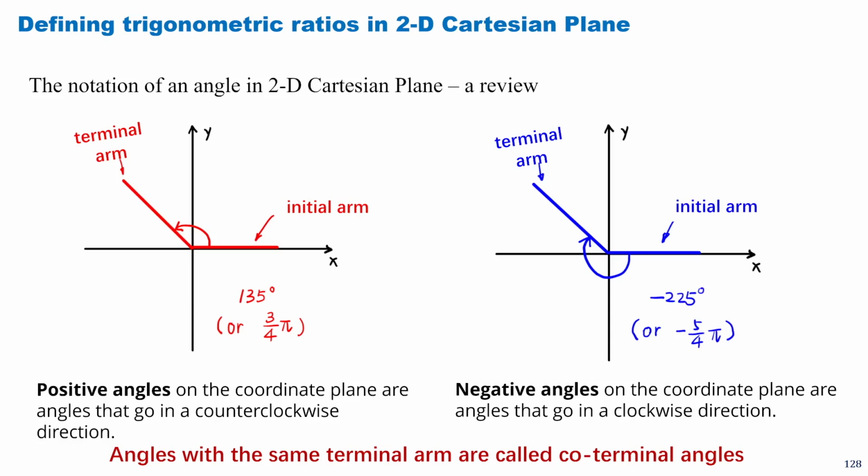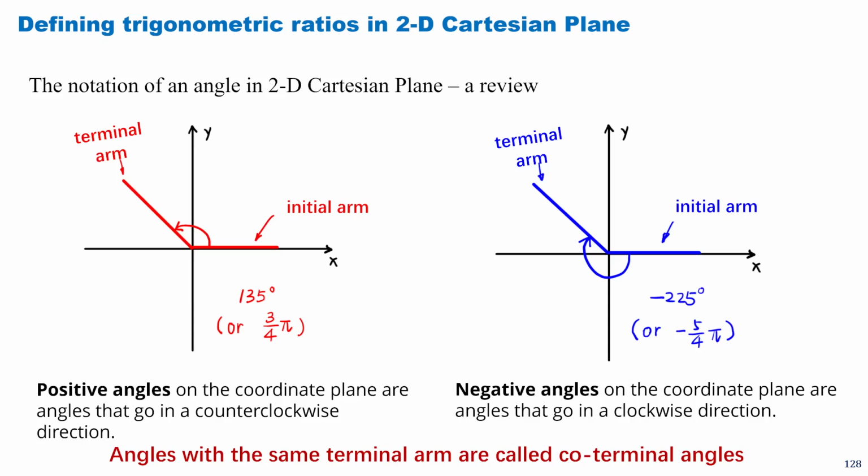For example, in one of the 4 quadrants, or either on the x or y axis, right? So if we consider this angle as turning from initial arm to terminal arm following a counterclockwise direction, then you will have a positive angle. Otherwise, if you consider this angle is from initial arm to terminal arm following a clockwise direction, then you will have a negative angle, right?